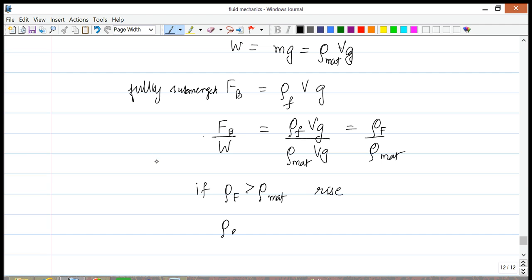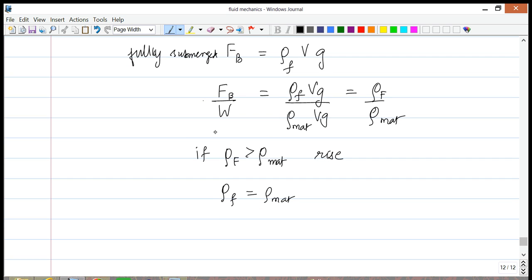If rho F is equal to rho material, the entire object just gets submerged. If rho F is less than rho material, the object is going to sink. So the first case, it's going to float; the second, it's fully submerged; and the third, it's going to sink.